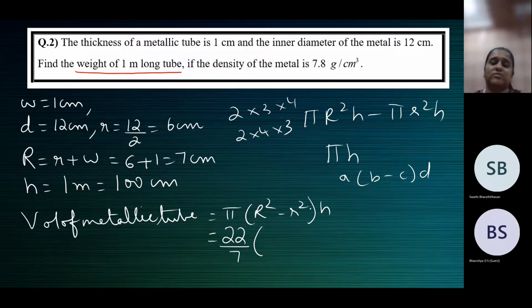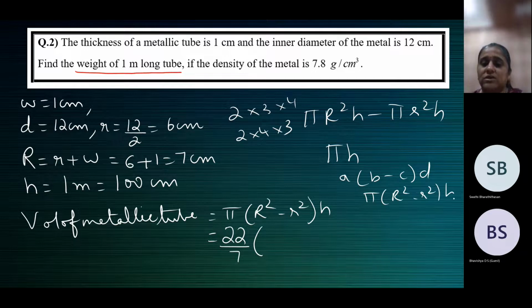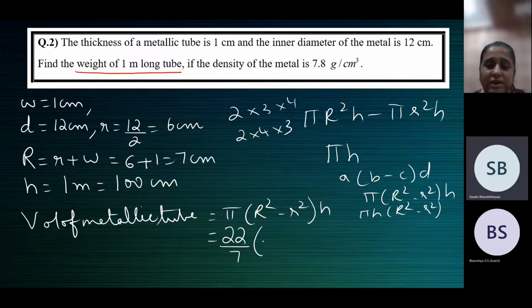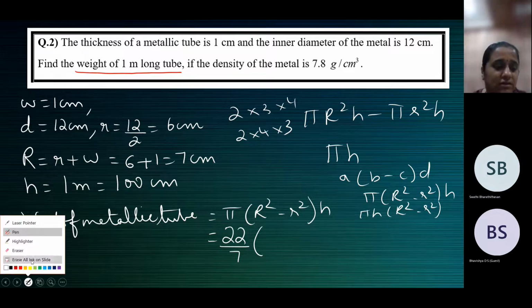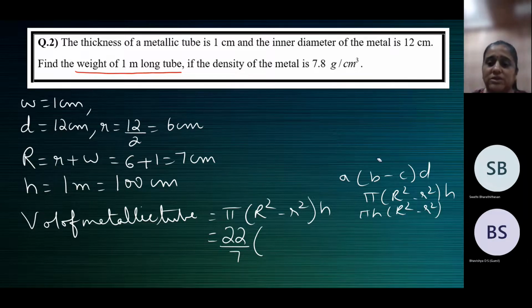That is pi into R square minus r square into H, the same as pi H into R square minus r square. We are not taking anything common there. If you want to relate it to a property, it's the associative property of multiplication.